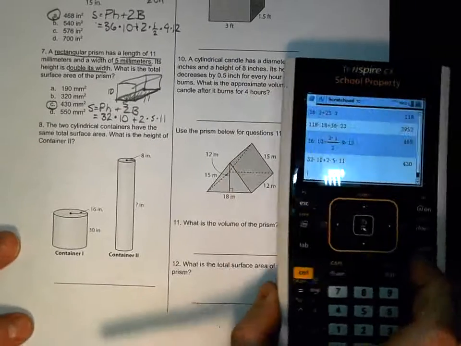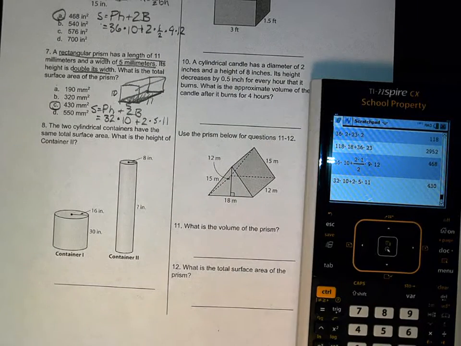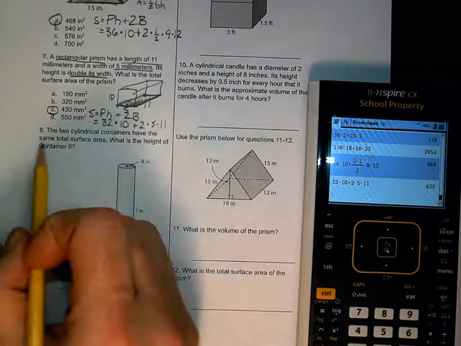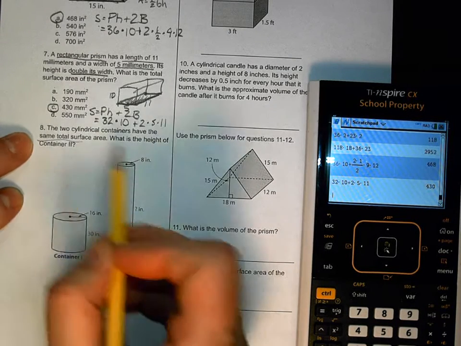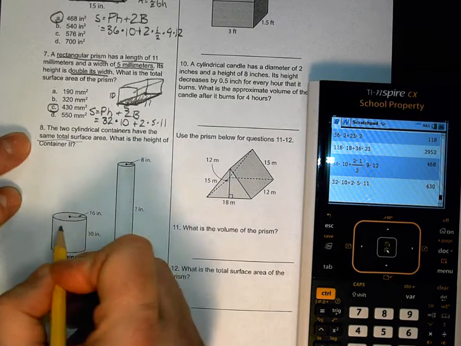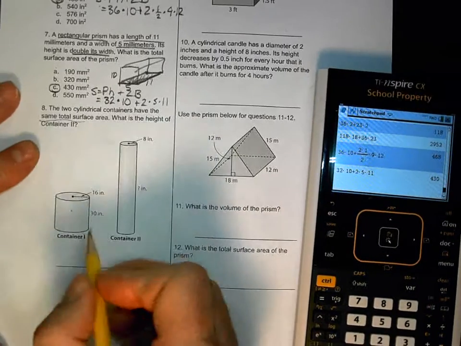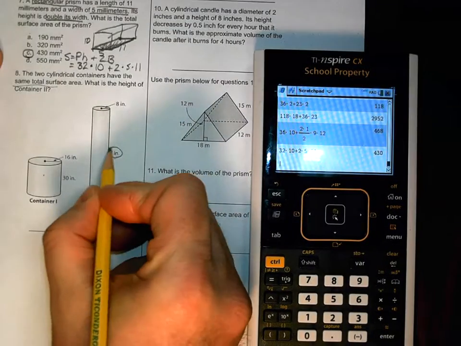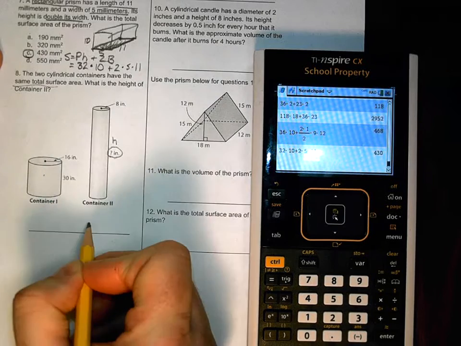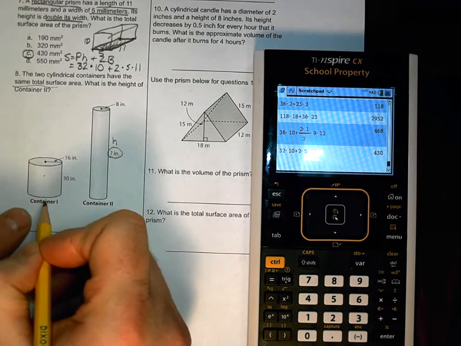Number 8 required you to do some thinking. It says, I've got 2 cylindrical containers. They have the same total surface area. So the S equals the S here. Surface area of this one equals the surface area of the second one. What is the height of container 2? This is what I want to know, this H. So the trick here is find the surface area of container 1.